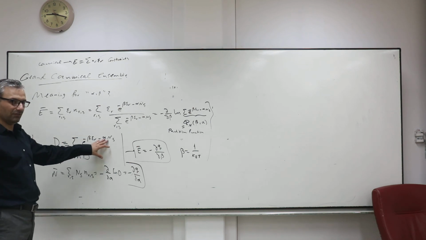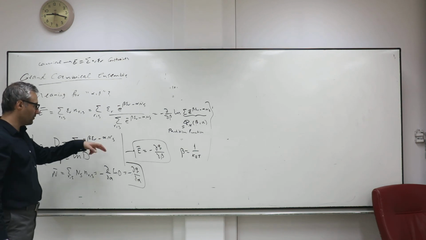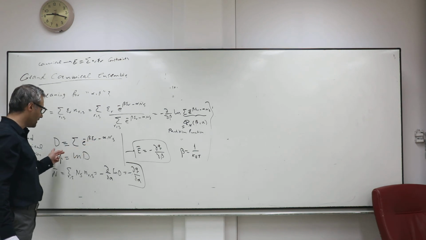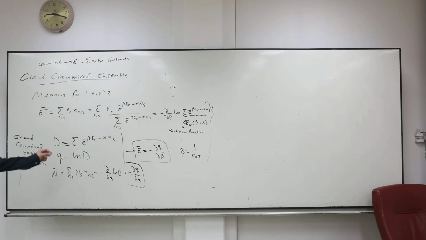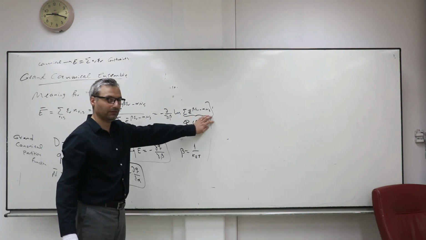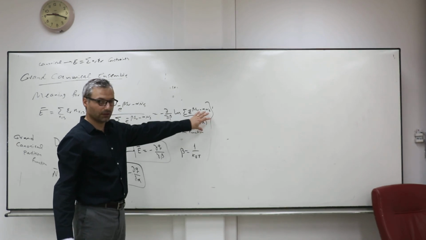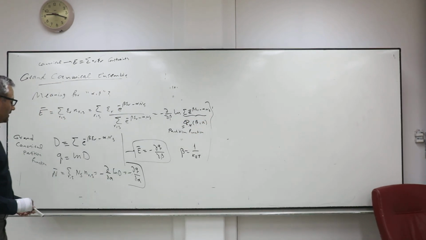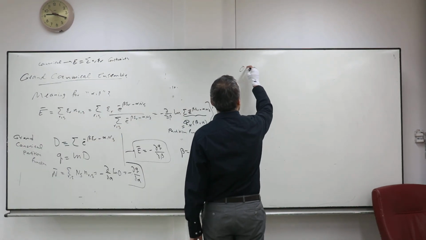But here you don't know how to do that. So the rest of the lecture I will talk just about the alpha. Next lecture we will see how to find the D. There is a beautiful relation between the D and the normal partition function, Qn, just the normal Qn. Let's just see the interpretation.